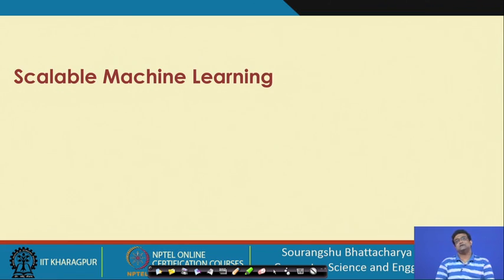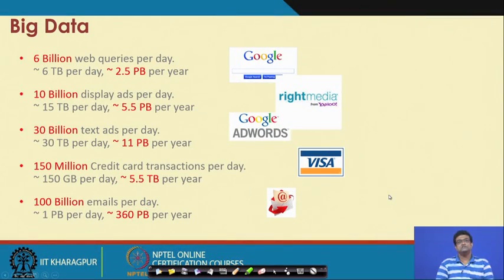The last important area that we will be covering in this course is the scalable machine learning area. So, consider this situation that you have 6 billion web queries per day. This is from Google. So, you have 6 terabytes of data and 2.5 petabytes per year. Okay.